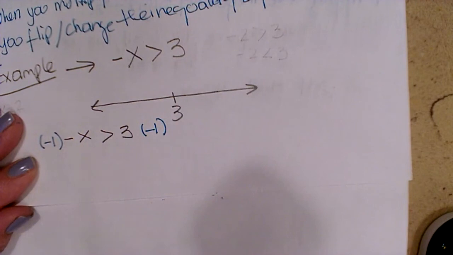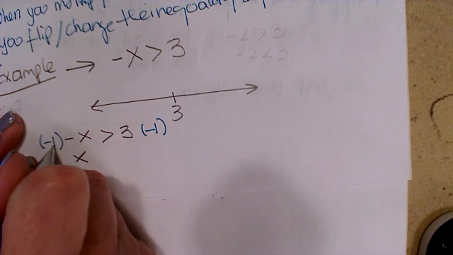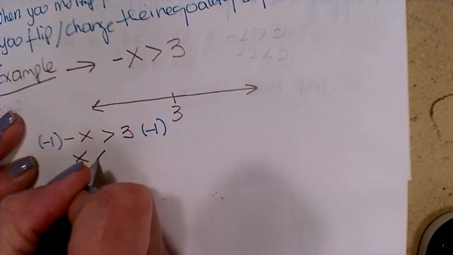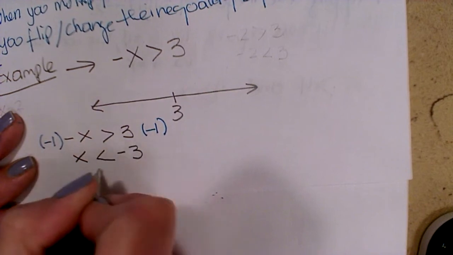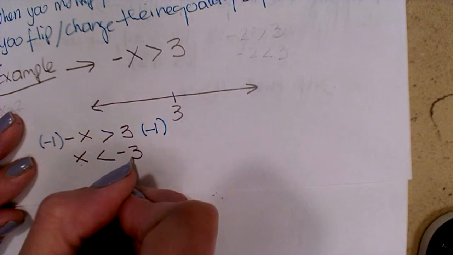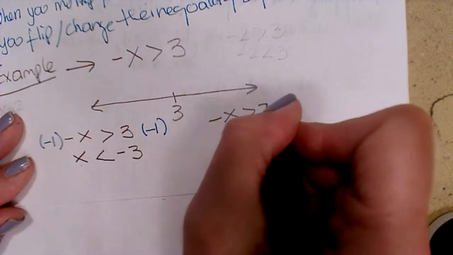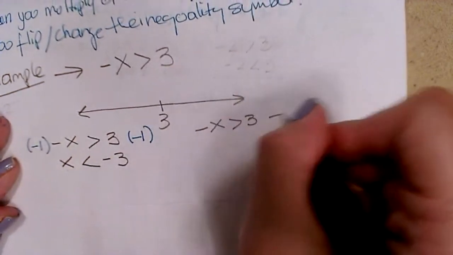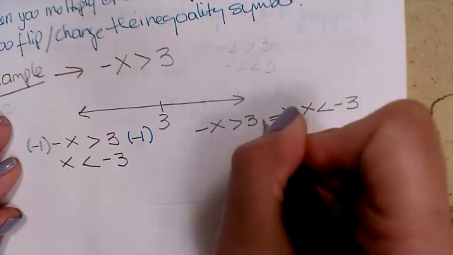So what do I get here? I get x. And what happened? I just multiplied by negative 1. So I flip the sign. And it's going to be x less than negative 3. So this is the same as x less than negative 3.